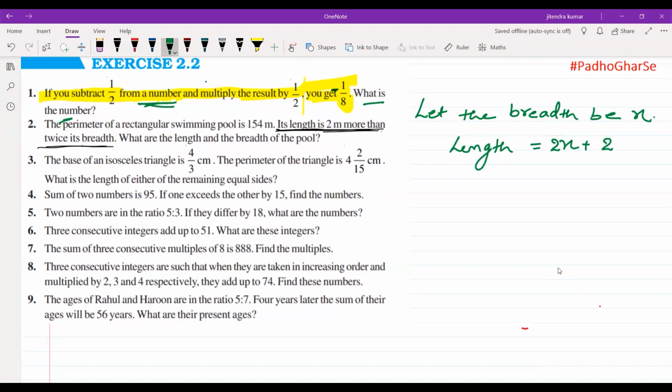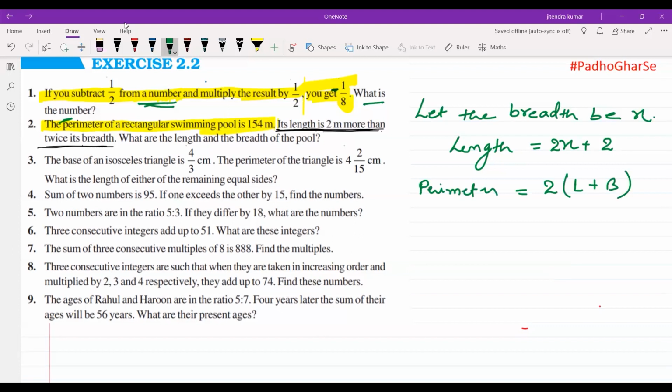Now in the first line, if you read it again, it says the perimeter of the rectangular swimming pool is 154 meter. Since we have breadth and length, we can find the perimeter. We know that the perimeter of a rectangle is equal to 2 times length plus breadth.